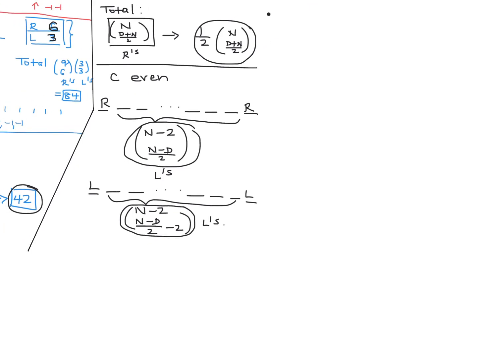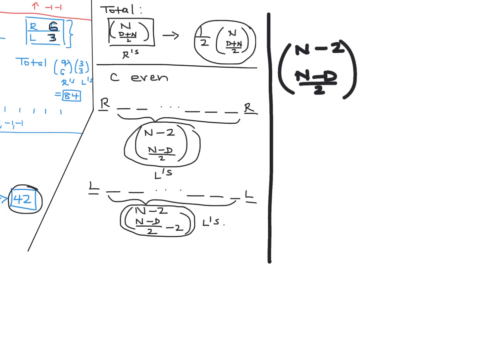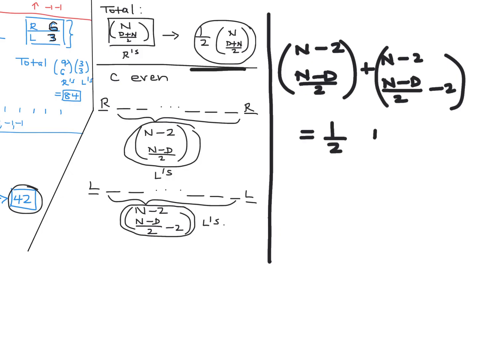So if I were to put this all together, n minus 2 choose n minus d over 2, that guy, plus n minus 2 choose n minus d over 2 minus 2, that whole thing equals this, 1/2 of n choose d plus n over 2.